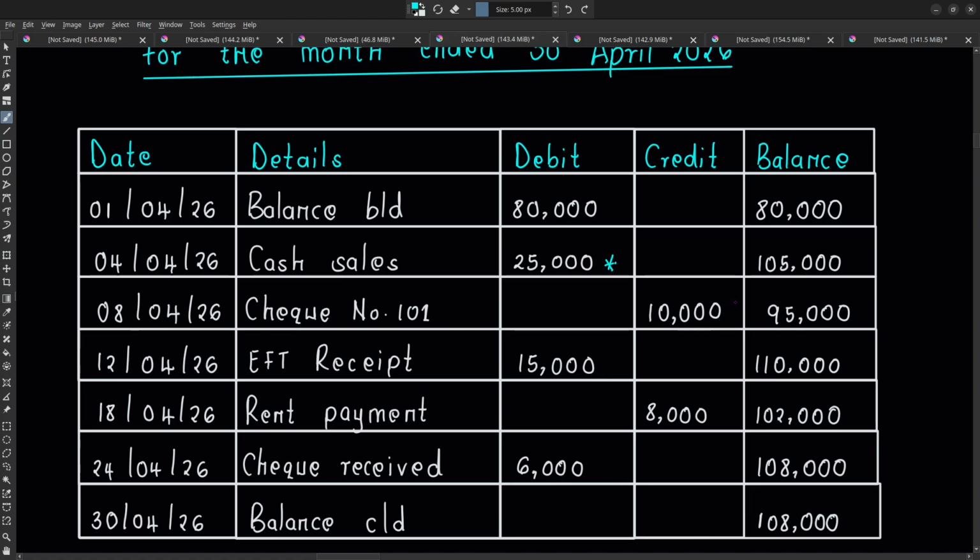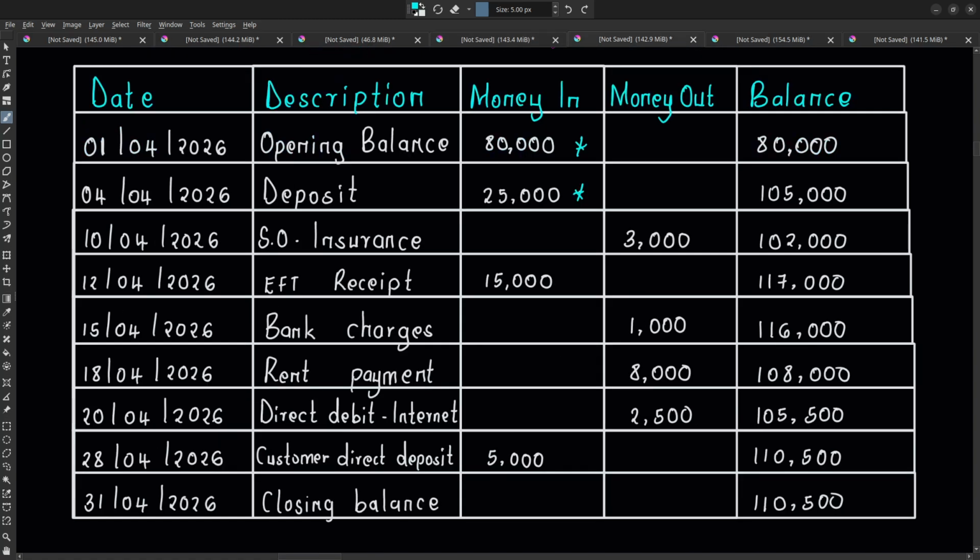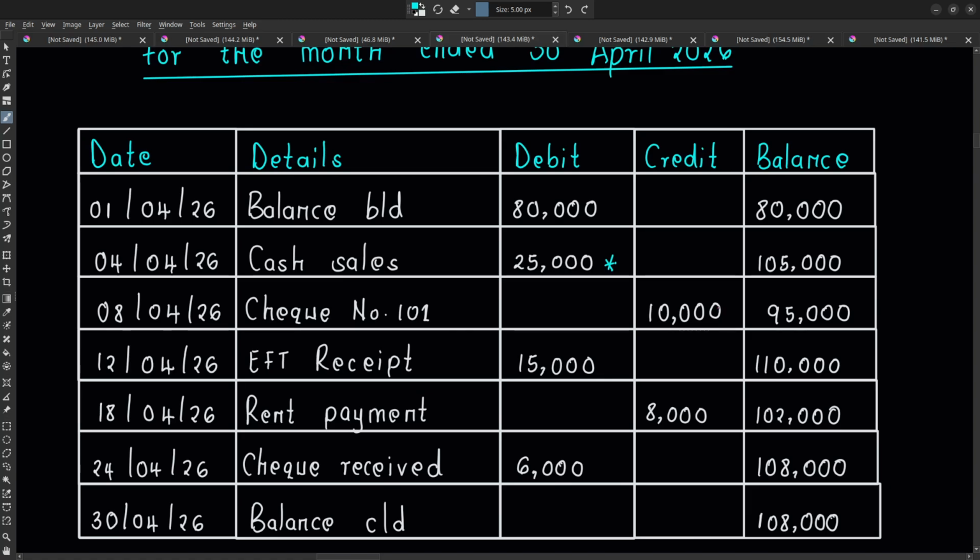We have a check of 10,000. We come to look for it. We should see money in of 10,000, but we cannot see it. So we make sure we note this one. Let's use the opposite marking, because I don't want to confuse anyone.